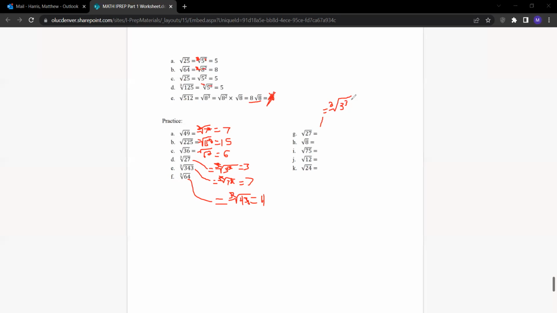So they don't cancel each other out how we've been canceling out in other problems. But what they do is they subtract from each other, basically. So we'll take out this 2. We'll take out 2 of these, but there's still 1 left, right? So what that means is we still have 1 3 inside, we have 3 outside.